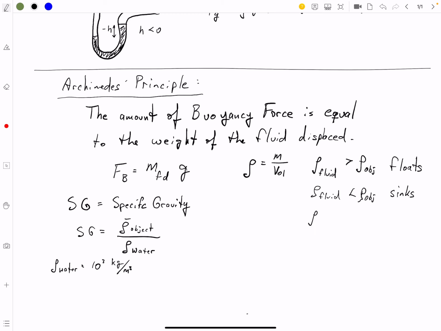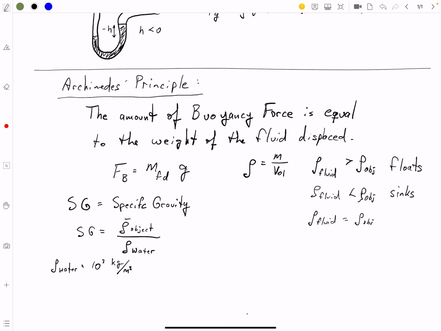Let's do the last one here. If the fluid is equal to the rho of the object, the fluid's density may change at heights. Okay, it may change. Like I did tell you that water does get compressed as it goes down, right? Even though we call it incompressible, it does get compressed, and there are places where the density of the fluid might be the same as the density of your object.